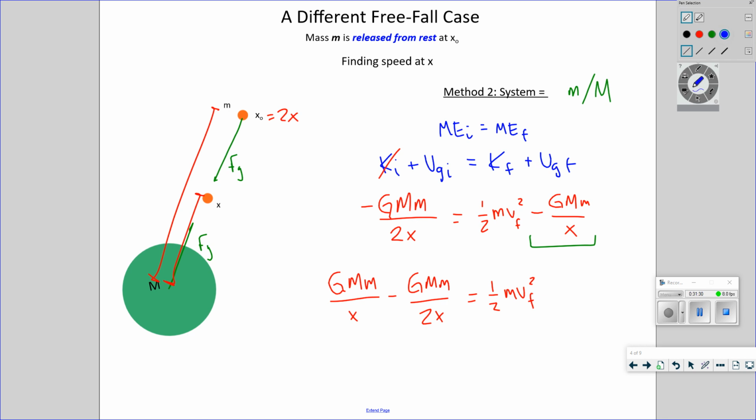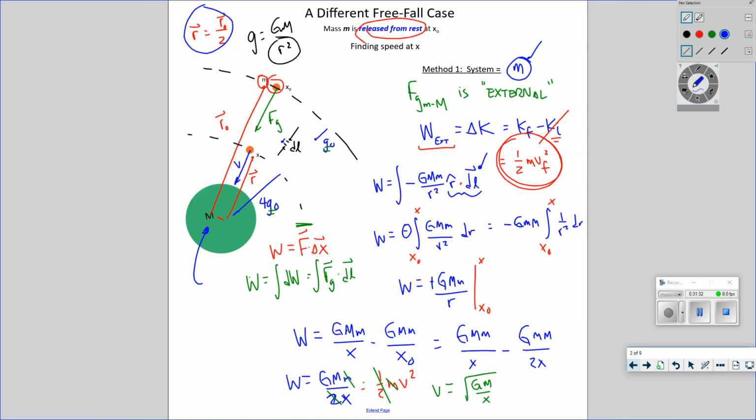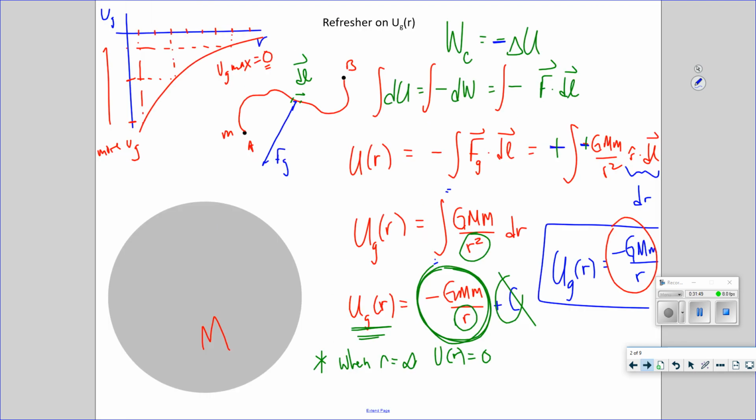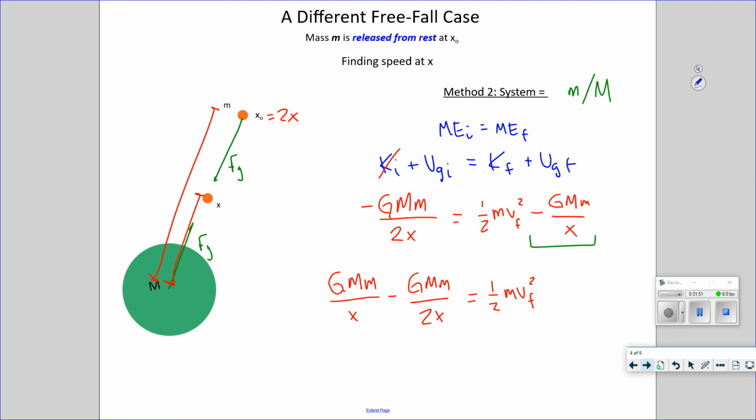Whether or not you know it, we are already at the same exact place we were here. We're doing the same thing. Because notice, we integrated. We found the potential energy function. We set it equal to the kinetic energy. We just did that in a different approach. All right, look, we got a factor of little m in every term.